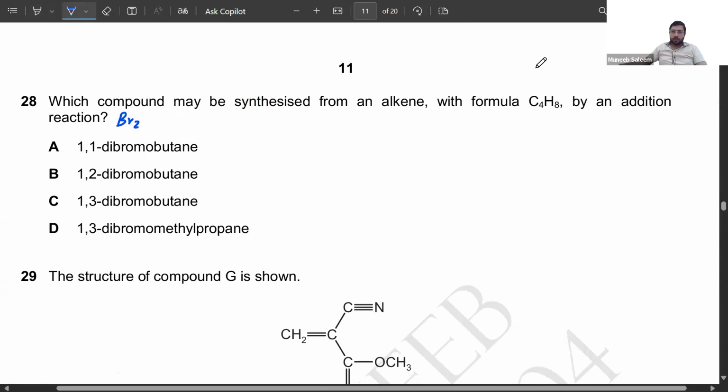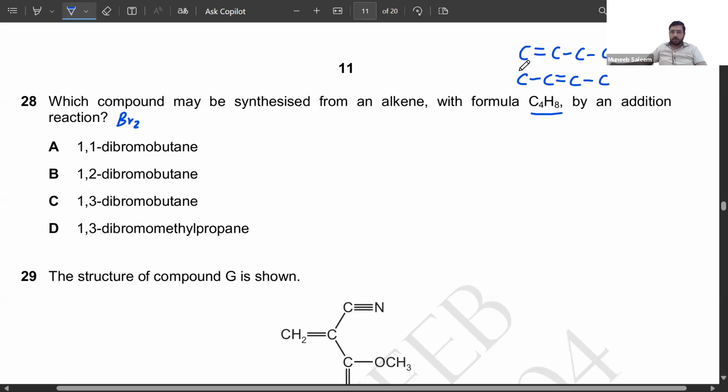Now, which of the alkenes would be the one having this molecular formula? So I can suggest these structures. We can have a double bond between carbon 1 and 2, or we could have a double bond between carbon 2 and 3, because these are the only two isomers of butene which we can consider here.